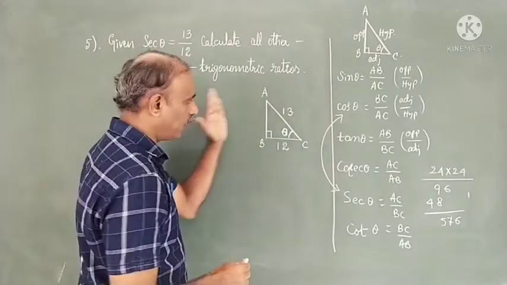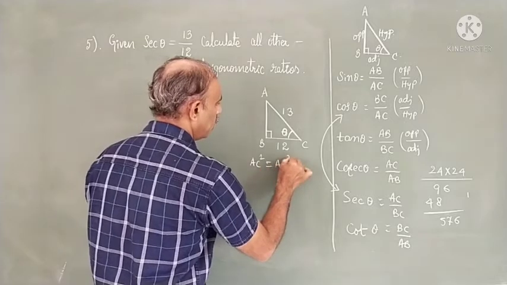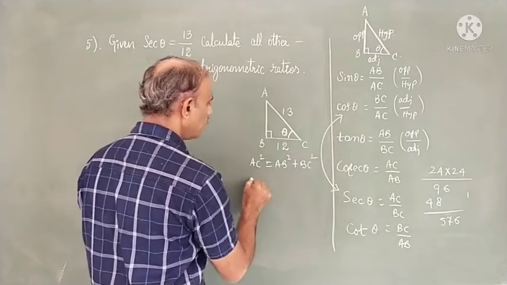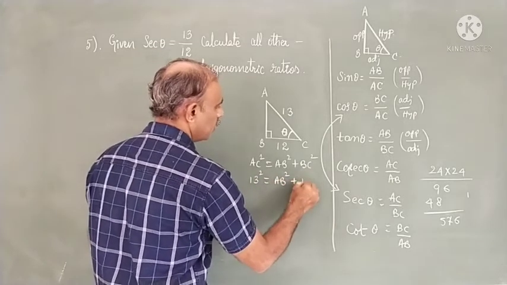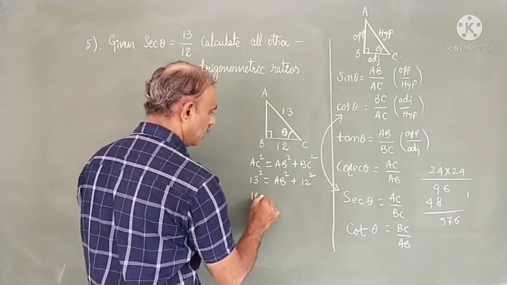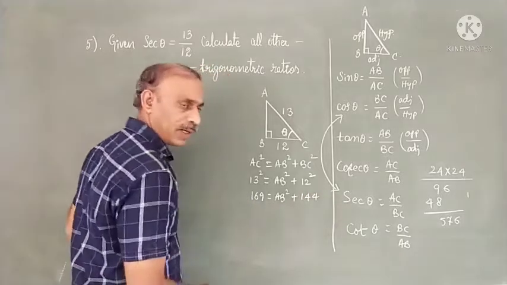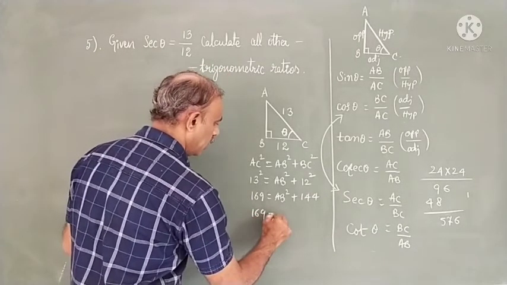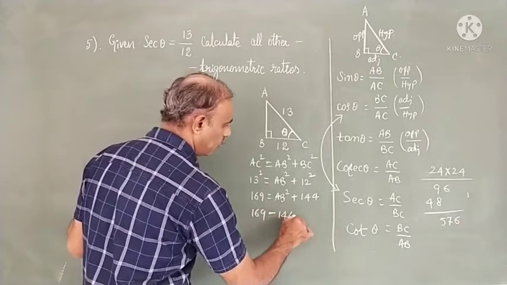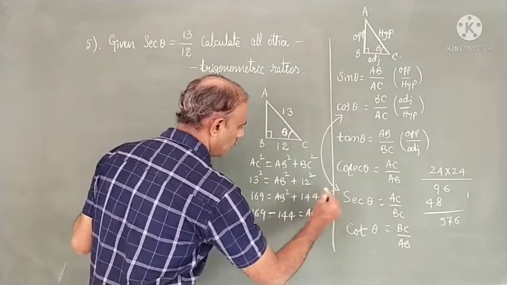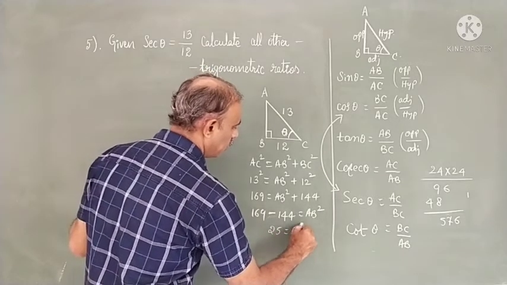So once again, we need to find this. AC square is equal to AB square plus BC square. 13 square is equal to AB square plus 12 square. 169 is equal to AB square plus 144. 169 minus 144, just I shifted this, is equal to AB square. 169 minus 144, 25 is equal to AB square.